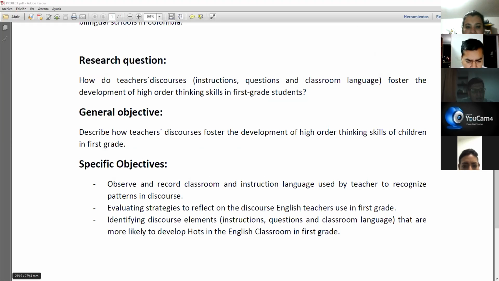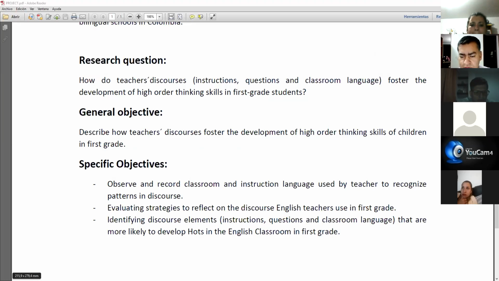Wait a minute, please. So, identify discourse elements. Observe and record classroom instruction language used by the teachers to recognize, and the last one would be reflect, analyze or reflect. I would say analyze. Yes.